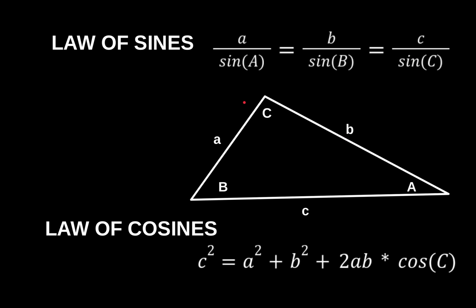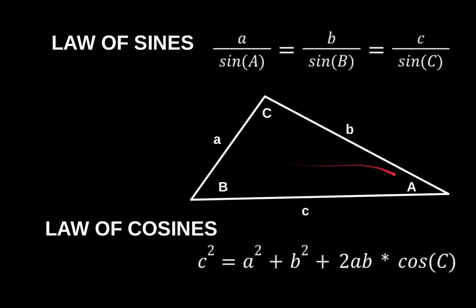Here's just some more useful stuff you probably want to know. If you're given the angles of a triangle, it doesn't have to be a right triangle in this case, and you're given at least one of the sides, you can calculate the length of the other sides using the law of sines, meaning the length of one side over sine of the angle opposite from it.